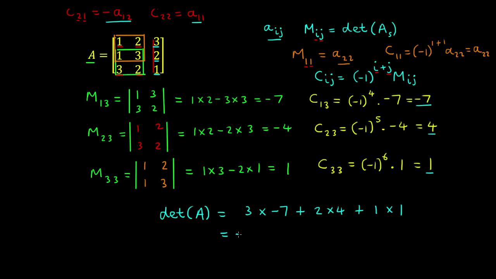So that gives a determinant of minus 12 for this 3 by 3 matrix. And note that we could have chosen any row or any column to do the cofactor expansion, and that'll give you the same result, which I'll leave for you to verify.